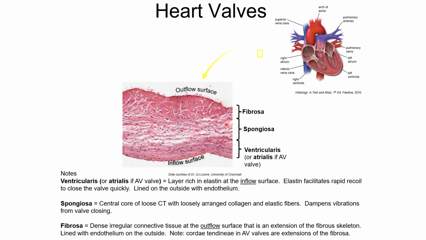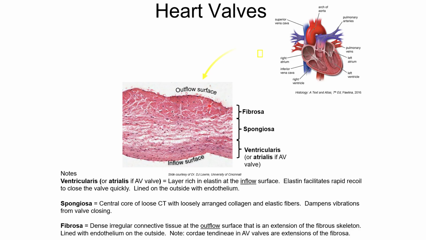The inner layer here is the spongiosa, the central loose core of connective tissue made of collagen and elastic fibers, whose major role is to dampen the vibrations of the valve while closing.